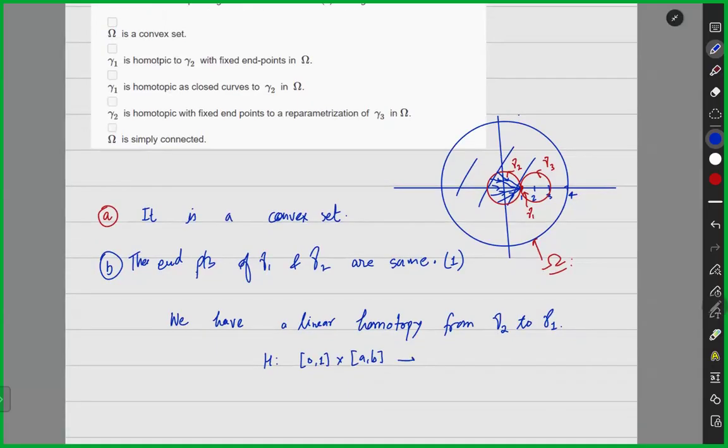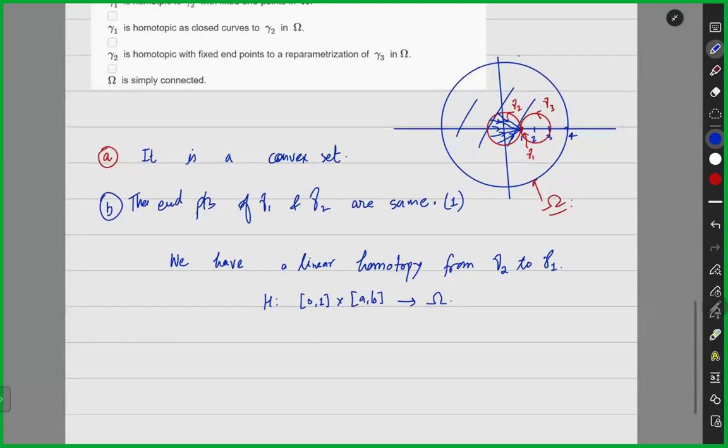And H maps into omega such that H of s comma t is equal to 1 minus s times gamma 2 of t plus s times gamma 1 of t, something like this.